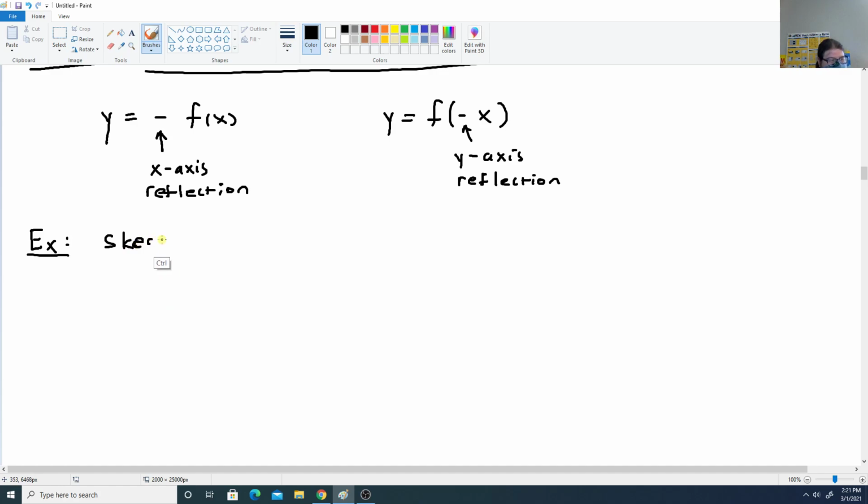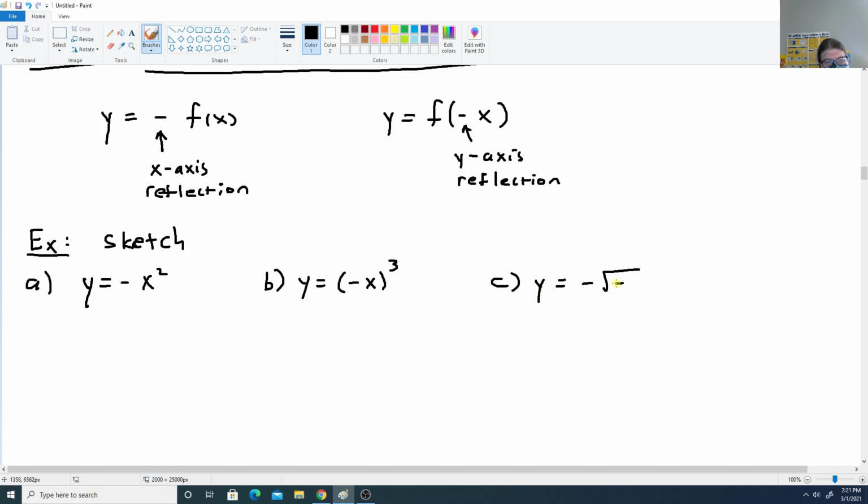That's T, so sketch, that looks better. So part A, we want to sketch y equals negative x squared. Part B, I want to sketch y equals negative inside of x cubed. And part C, I want to sketch y equals negative square root of negative x.